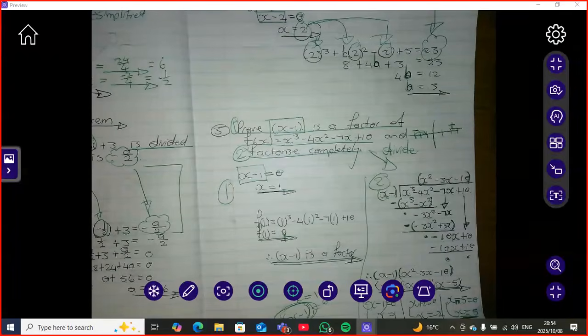The numbers have changed, yes, but the steps you're using and the way the question is asked, it's inside here. Yeah, that can work also.